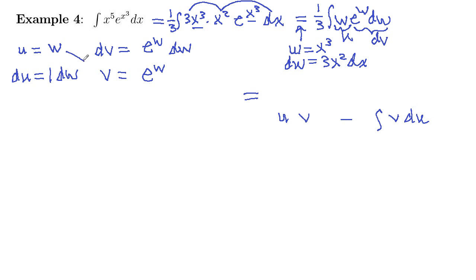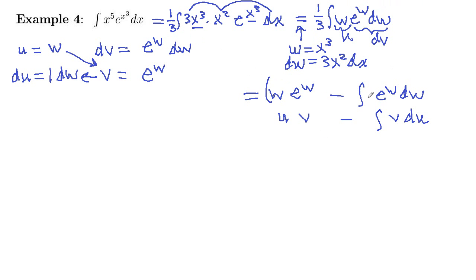So our uv is our diagonal product, w e to the w, and minus the integral of v du is our product on the bottom line here, so e to the w dw. Okay, and that's definitely an easier integral than what we had up here. And then we also have that 1/3 out in front right here.